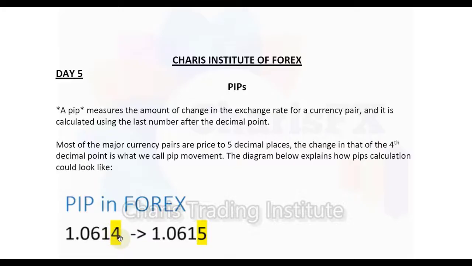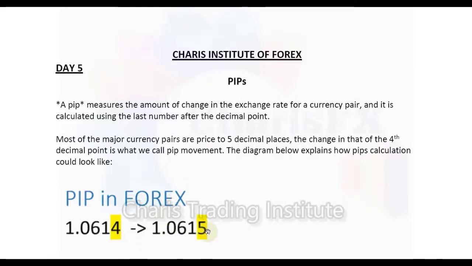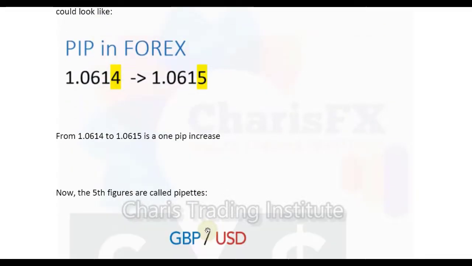This is the actual PIP movement. So when you add 1 PIP to this number, it literally means there is a 1 PIP movement between 4 to 5. So this is 1.0614, and 1.0615 means that there is a 1 PIP movement between this pricing and this current pricing. That's what it means.